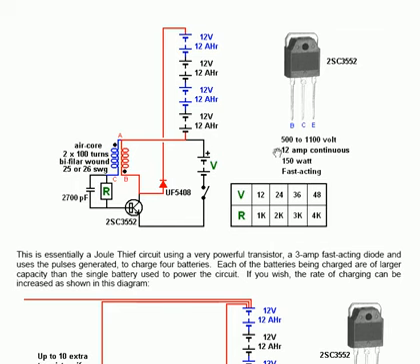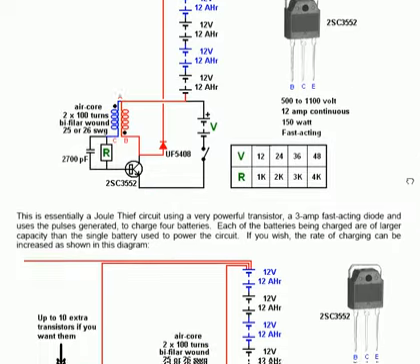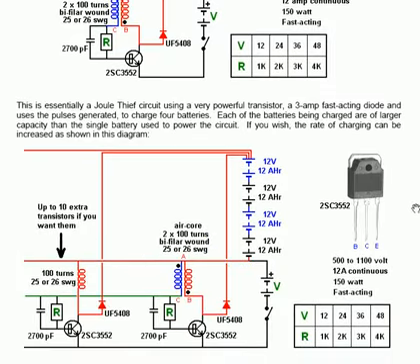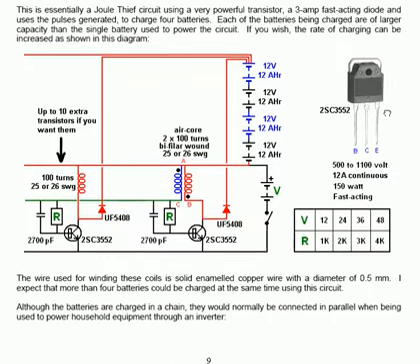The circuit that he's using is still essentially a dual-T circuit, which is using this very powerful transistor and a 3 amp fast acting diode, and it uses the pulses generated to charge 4 batteries connected in a string. A single battery is used to run the circuit and charge the 4 batteries.